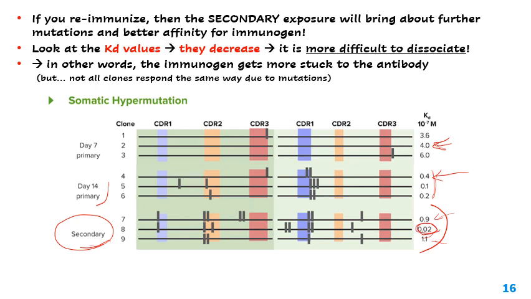So the more times you expose those cells to the same antigen, the better antibodies you can get out of it. And this is one of the reasons why you have to get booster shots for vaccinations, depending on the vaccination. Okay? All right, so everybody cool with that? Somatic hypermutation, that's the name of this game. Does it happen to T cells?